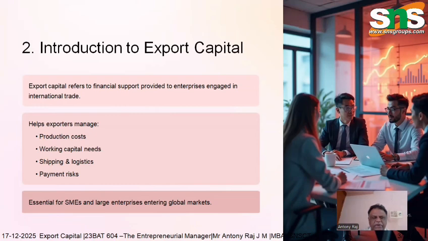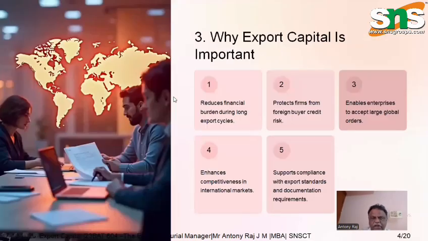So these are some of the advantages of export capital. They help manage the working capital. Shipping logistics becomes a major factor, and payment risk is very critical because all the customers are outside the country. Next, why export capital is very important: it reduces the financial burden because the payment cycle is going to be very long, and since the buyers are from foreign countries, it protects the firms from credit risk.